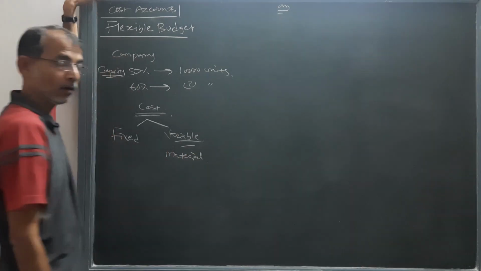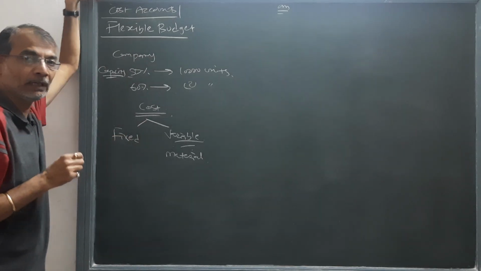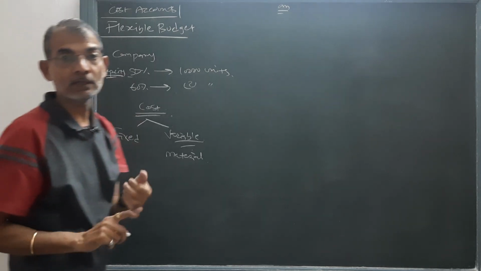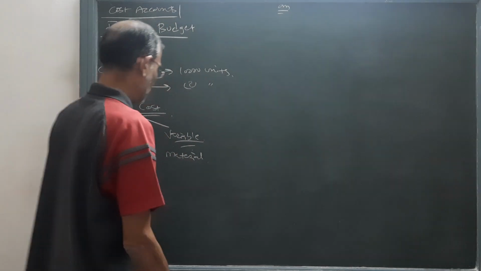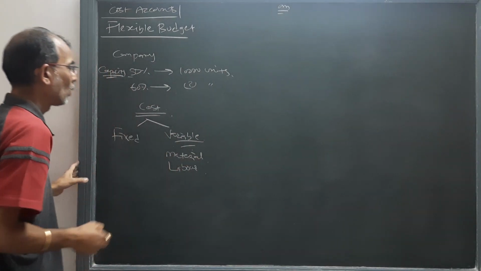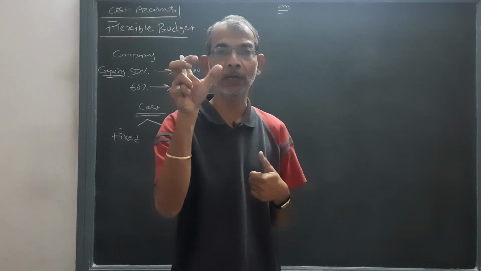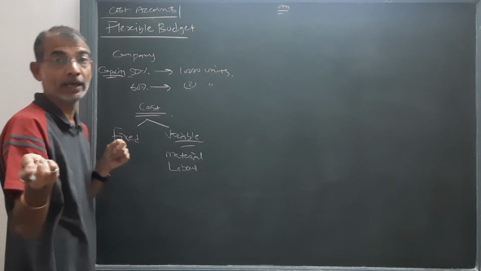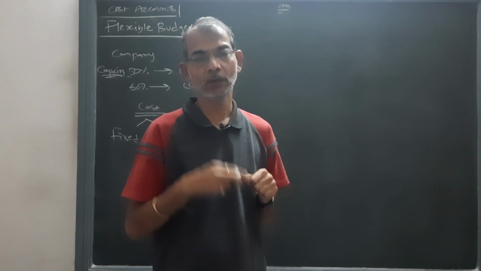First of all, material. The material that was needed at 50% capacity will be needed more at 60% capacity, as more units will be manufactured. Labor: what was being paid at 50% capacity will have to be paid more now at 60% capacity, as more units will be manufactured.